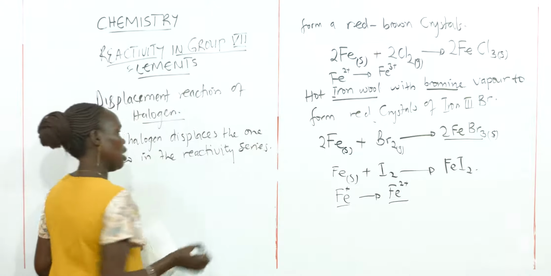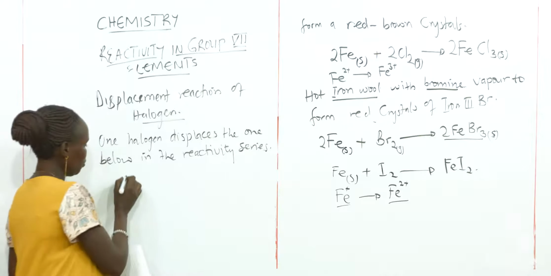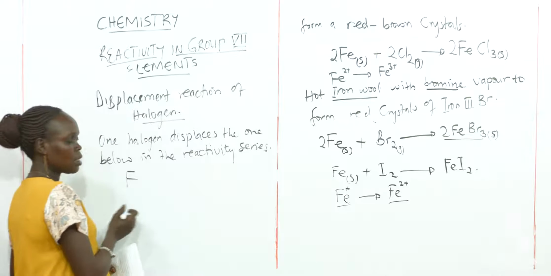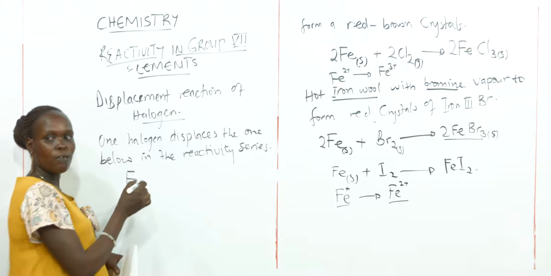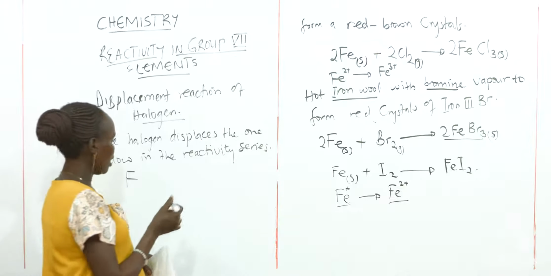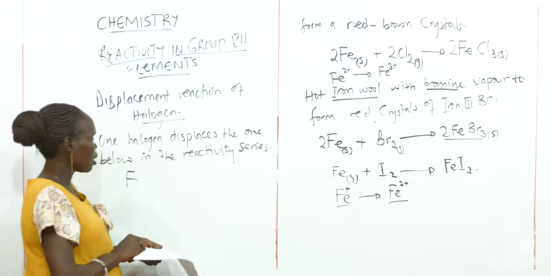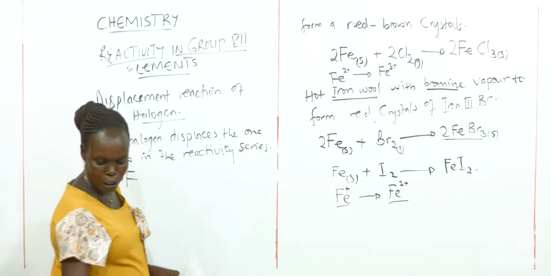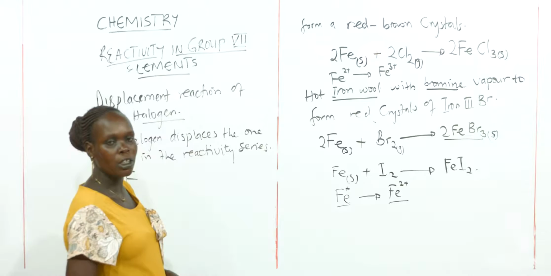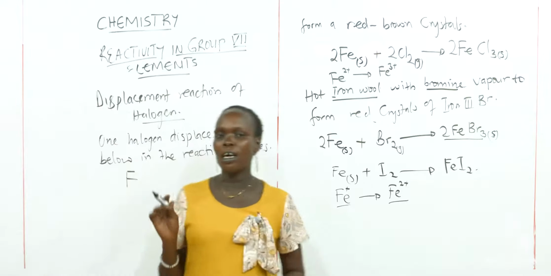In this case we need to remember that fluorine will displace chlorine, bromine and iodine.